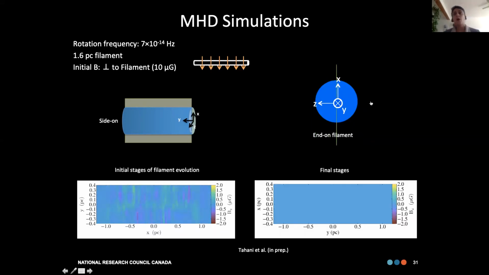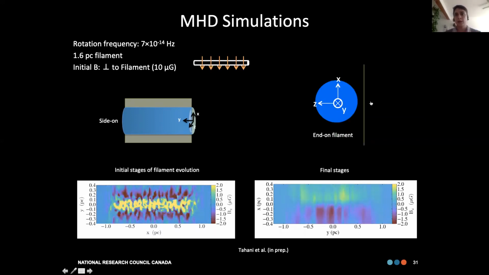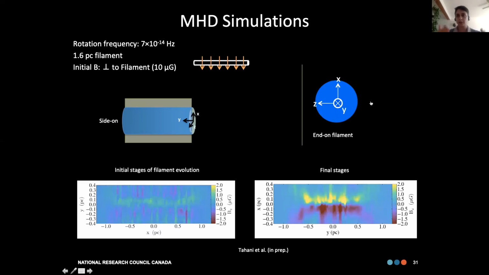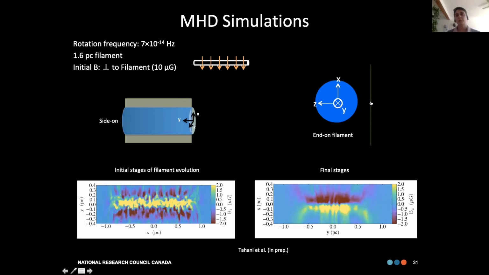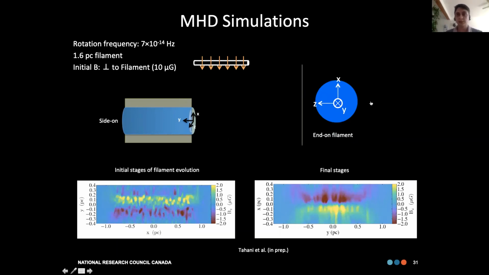And at the final stages, we see the same behavior. We see reversal in different sections of the filament, and it's somewhat uniform across the entire filament. But then again, the orientation of the reversal reverses.